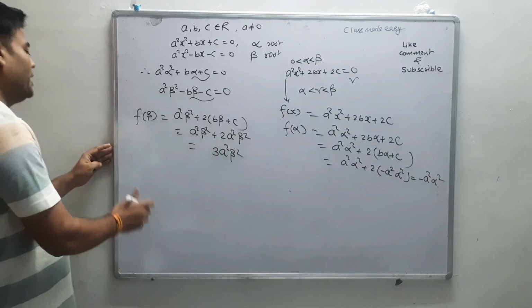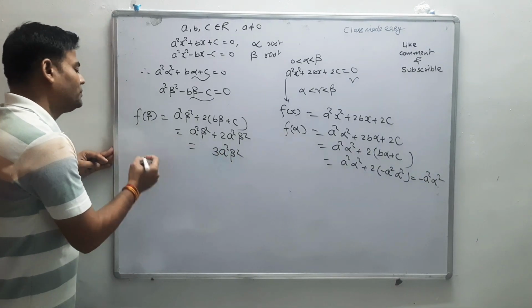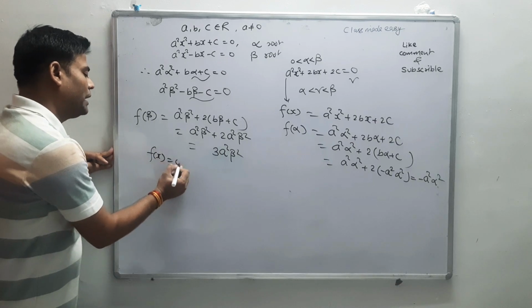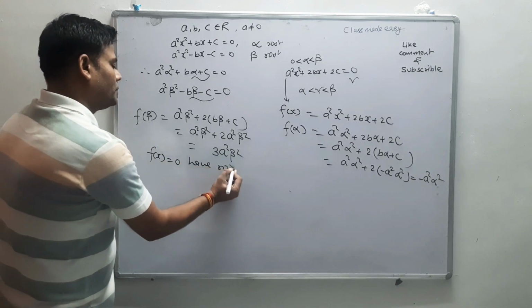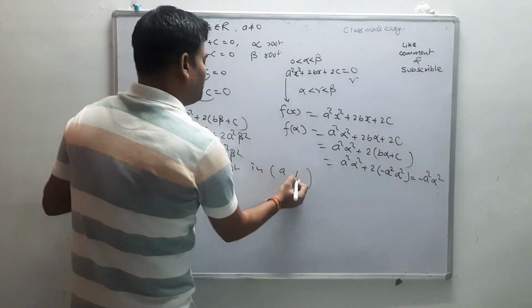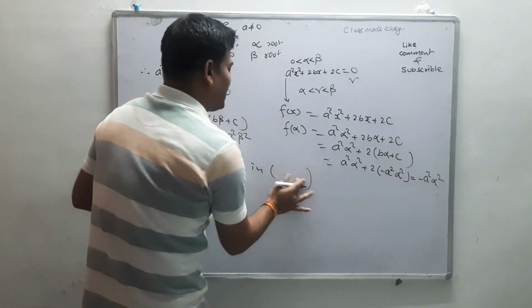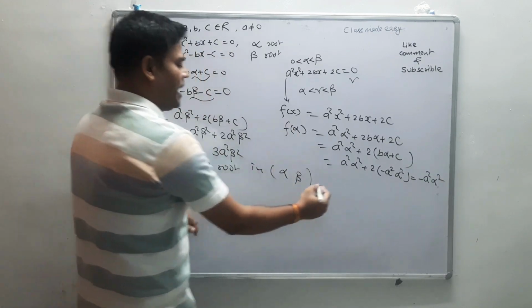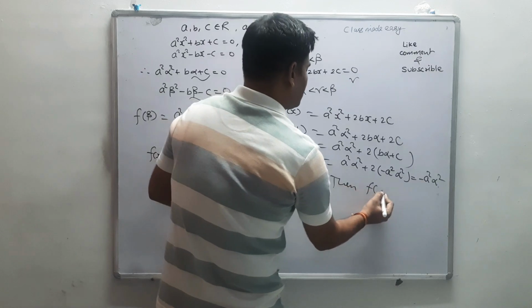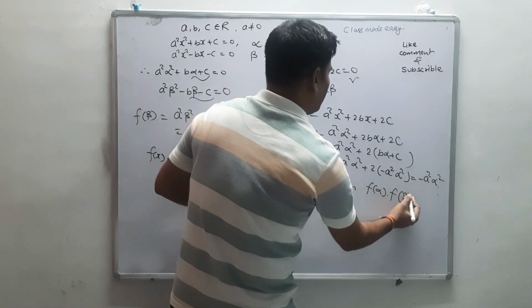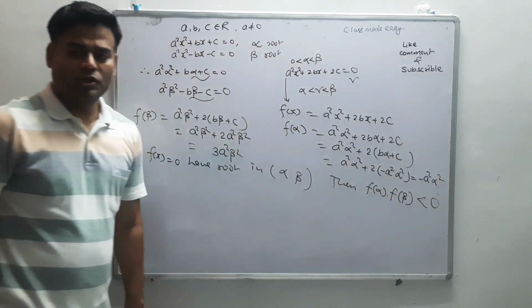And we know if an equation f(x) = 0 has a root in the interval alpha to beta, then the function changes its sign: f(alpha) times f(beta) is less than 0.